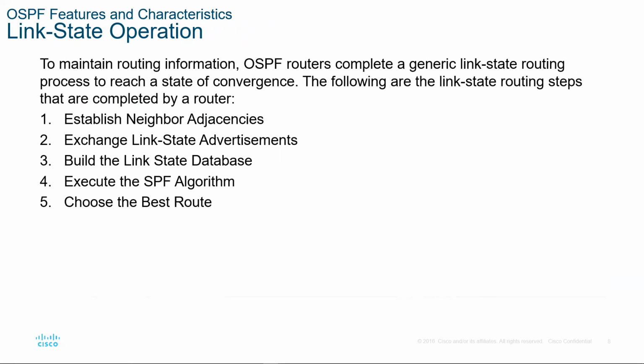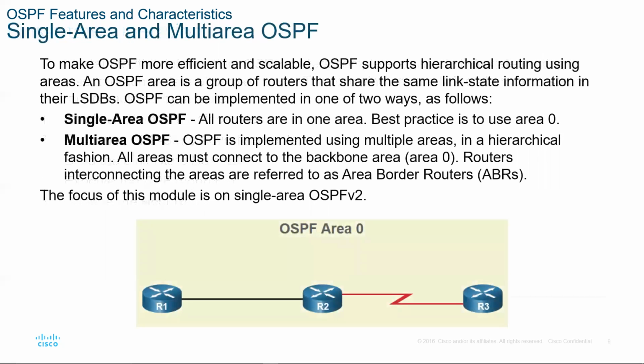The link states are then exchanged via advertisements. They build their link state database of all these little bits of information, and then they run their algorithm over that link state database to get their paths or routes.